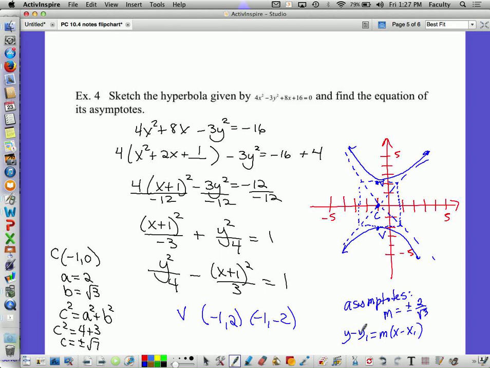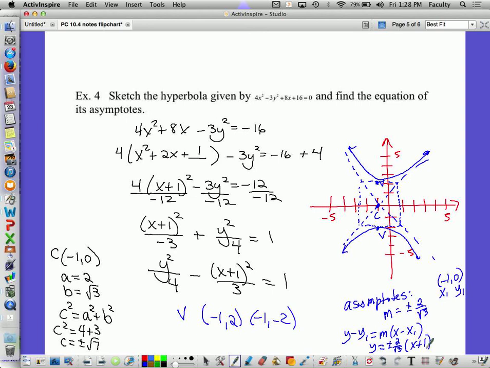If I have y minus y1 equals m times x minus x1, well, my point is the center. Negative 1, 0 represents x sub 1, y sub 1. And then we can just plug this in and we'll call it a day. So y sub 1 is 0, so this is y equals plus or minus 2 over radical 3 times (x plus 1). We are not going to simplify that radical.